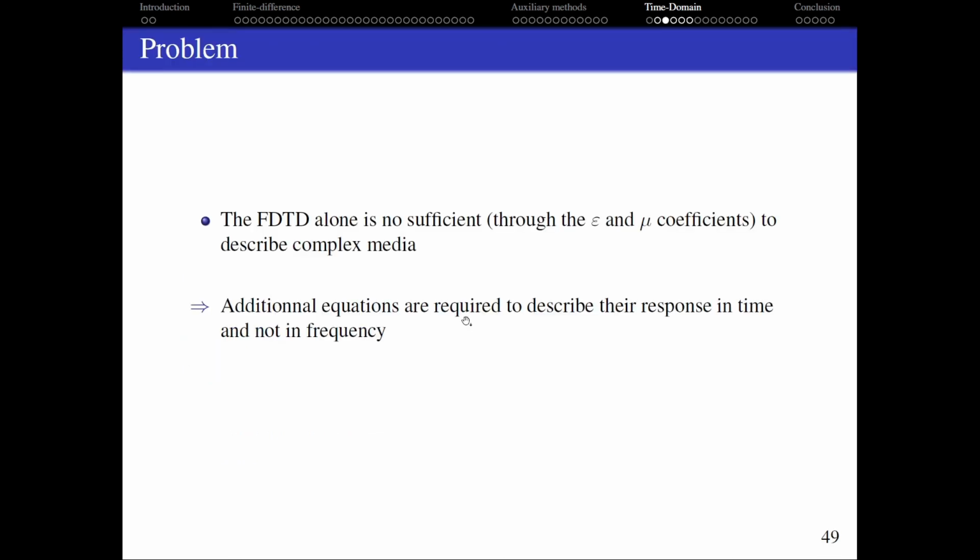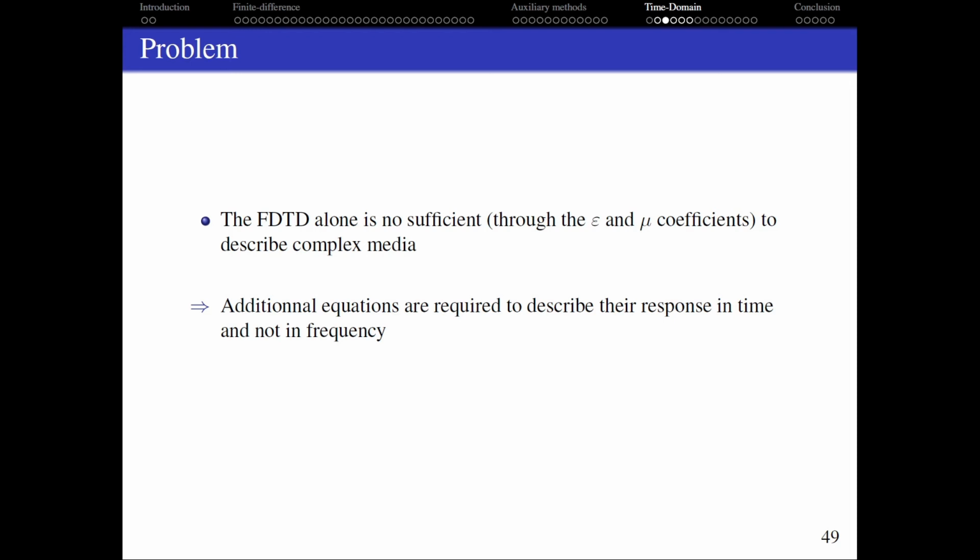The FDTD equations that you have seen before have the epsilon coefficient or the mu coefficients in there. Those coefficients are going to be constant in the calculations, and so they are not enough to describe complex media, for instance metals that are dispersive, some glasses that are dispersive, and so on.